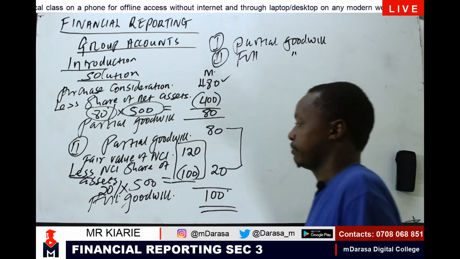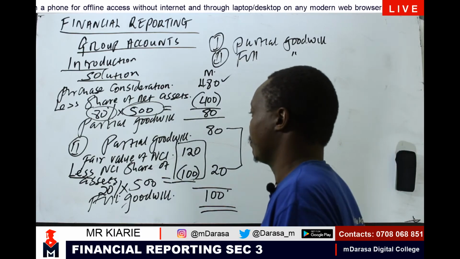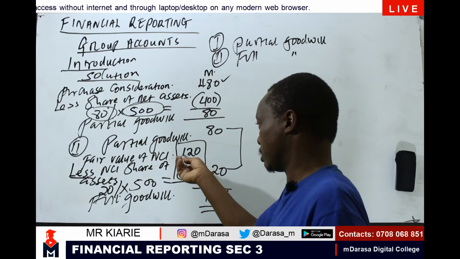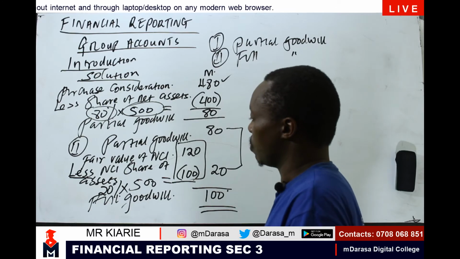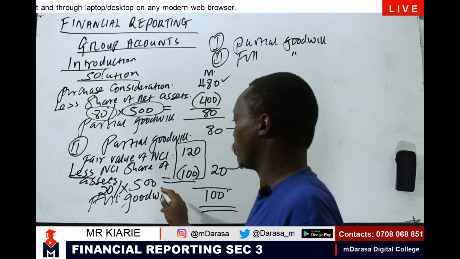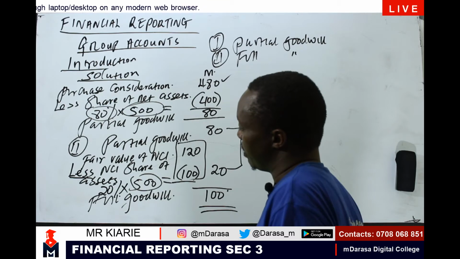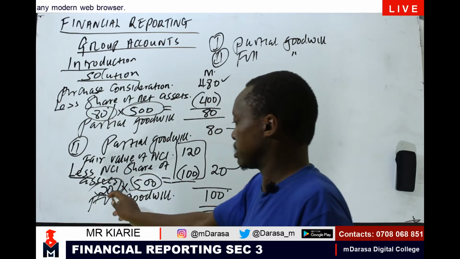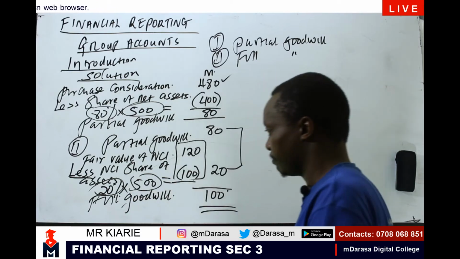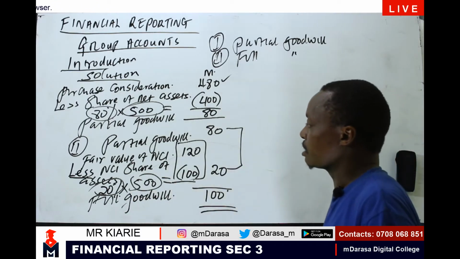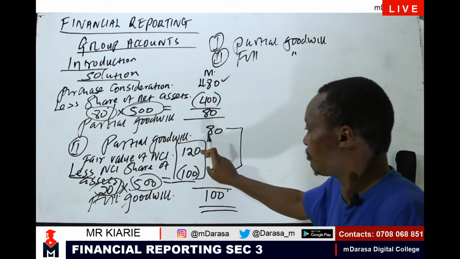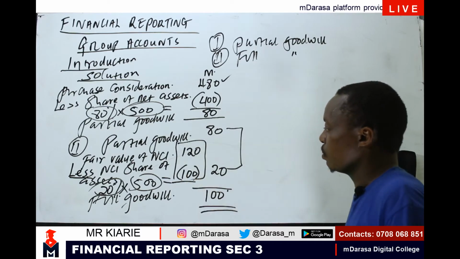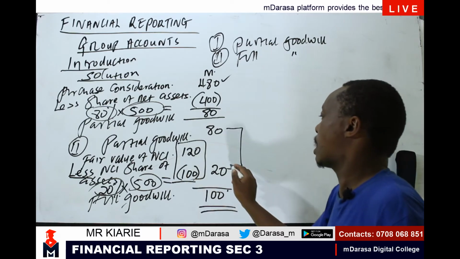From where? The fair value of NCI we have inserted to be 120, isn't it? The net assets of this subsidiary were given in the question to be 500, and the NCI only control 20% of that, so 20% of 500 is 100. To get the goodwill attributable to the NCI, you take the fair value of NCI minus the share of NCI's net assets, which gives us 20.